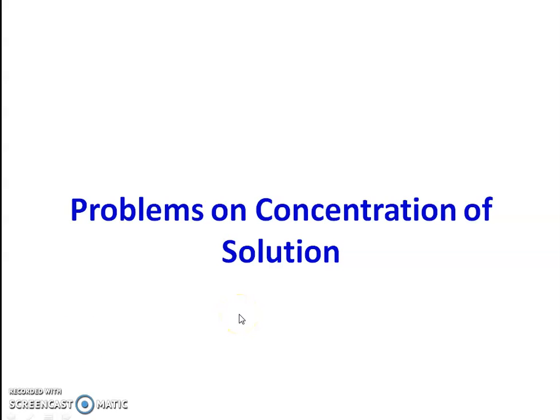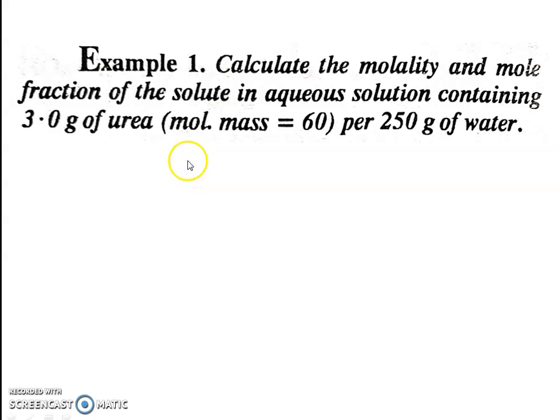In this video, we are going to solve some examples on concentration of solution. The first example is: calculate molality and mole fraction of the solute in an aqueous solution containing 3 gram of urea, molar mass is 60, per 250 gram of water.